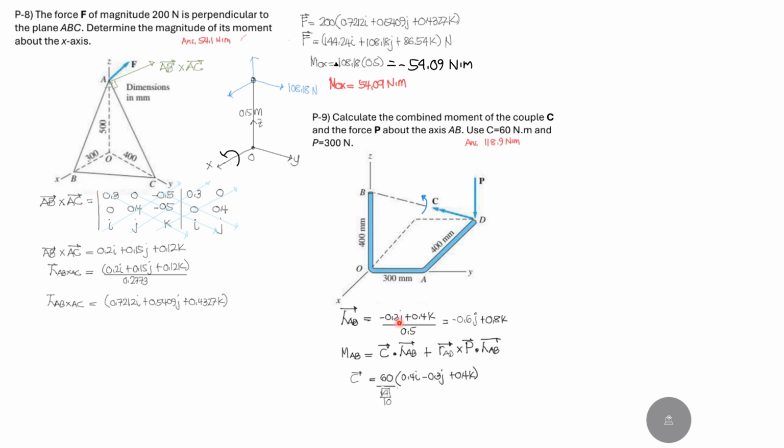Negative 0.3j, then up 0.4k divided by magnitude square root of 0.3 squared plus 0.4 squared, that's 0.5. Simplifying, that's negative 0.6j plus 0.8k.